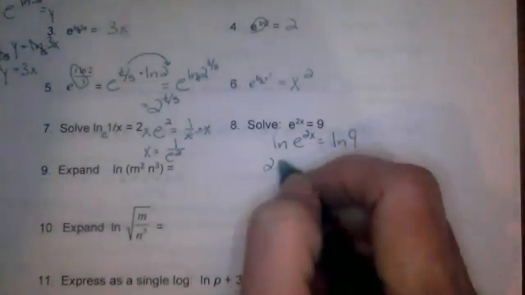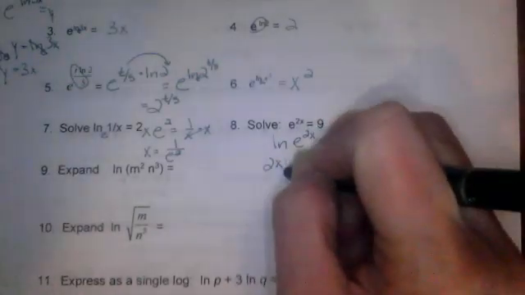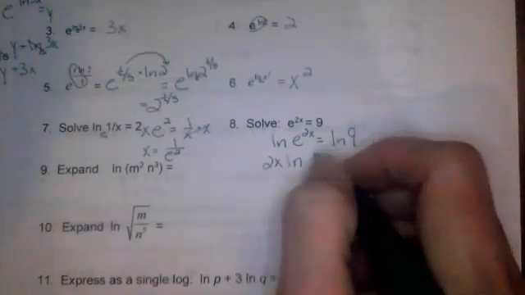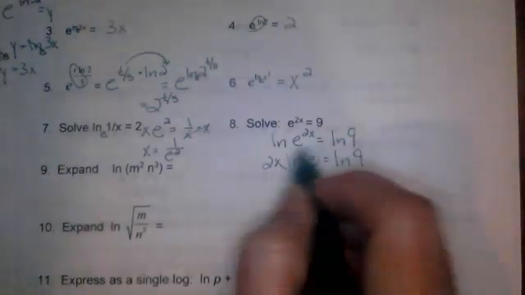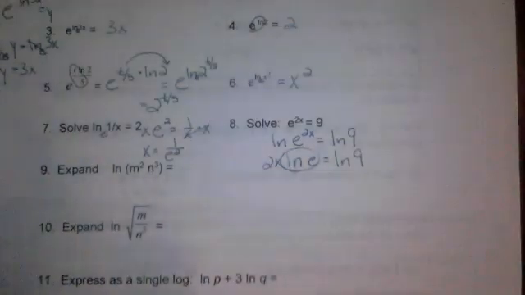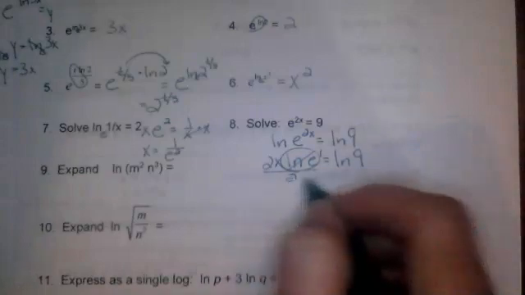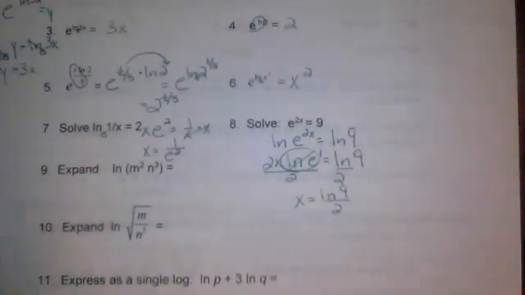The 2x can come to the front. 2x ln of e equals ln of 9. But we know that ln of e is just 1. So we divide by 2. x equals ln of 9 over 2.